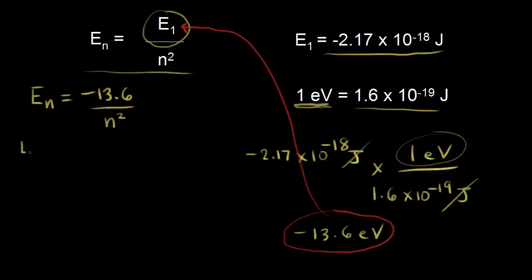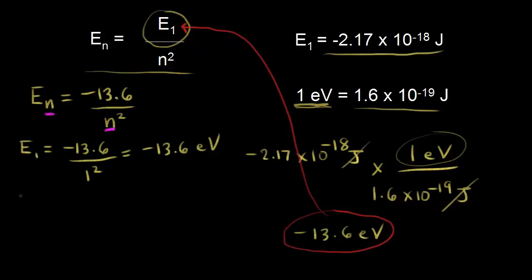So the energy for the first energy level, right, we already know what it is, but let's go ahead and do it so you can see how to use this equation, is equal to negative 13.6 divided by, so we're saying the energy for where n is equal to 1. So whatever number you have here, you're going to plug in here. So this would just be 1 squared, right, which is of course just 1. And so this is negative 13.6 electron volts. So we already knew that one.